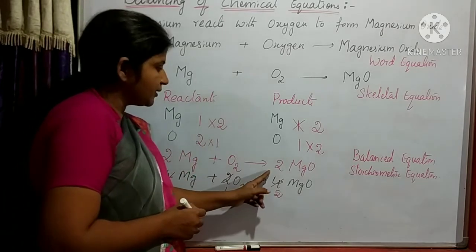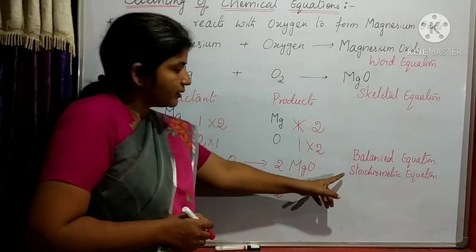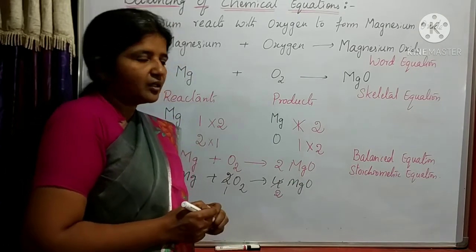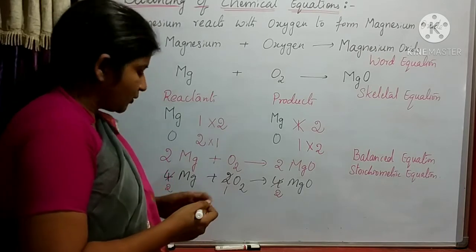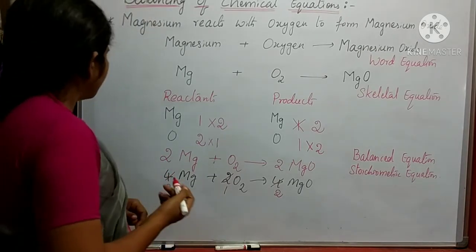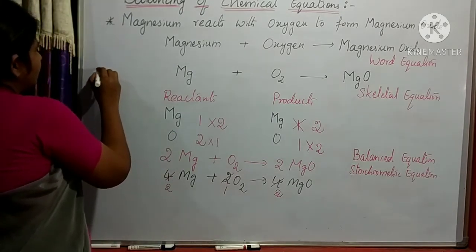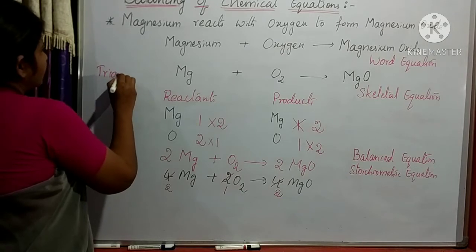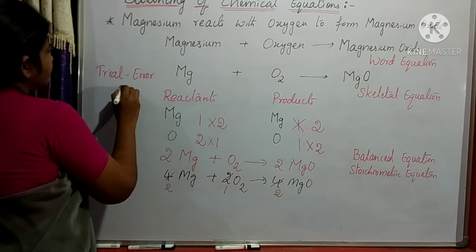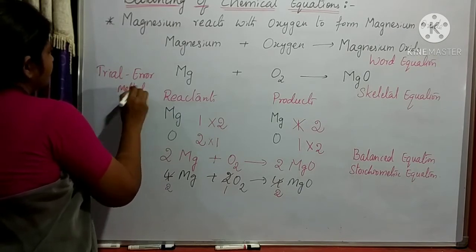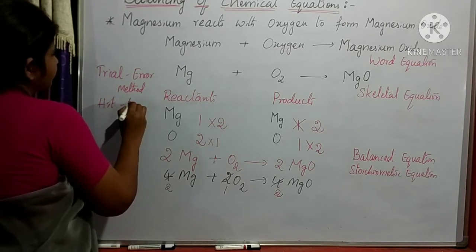At last we will get the chemical equation which is perfectly balanced, and also called a stoichiometric equation.